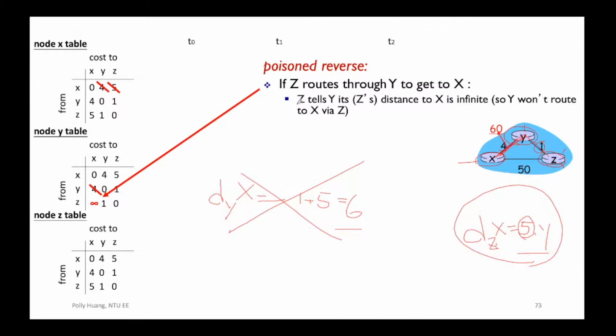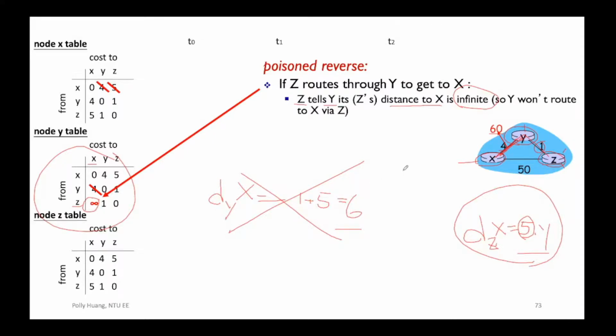So Z tells Y instead that the distance to X is not 5, but infinite. That is what you're seeing here: the distance from Z to X in Y's table now being infinite.